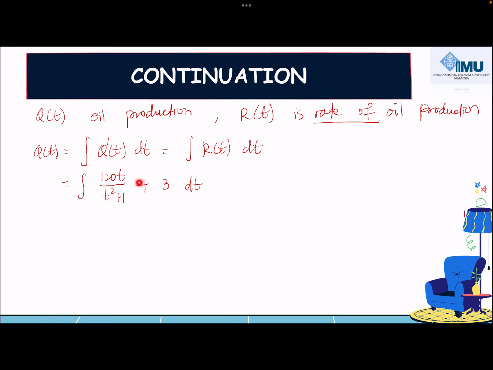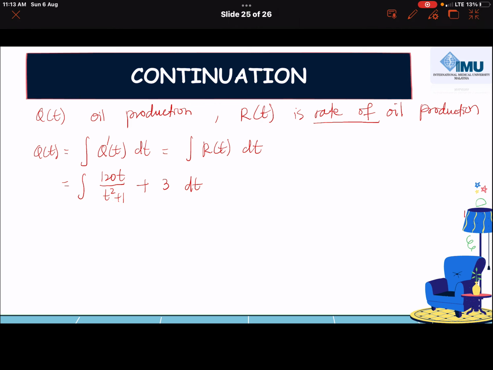Now, how to integrate this one? Notice t squared, t. Yes, you can recognize it, by using the recognition method. Let me put the formula of the recognition method, which is under the quotient rule. If you integrate f'(x) over f(x) dx, you will produce an answer of ln f(x).